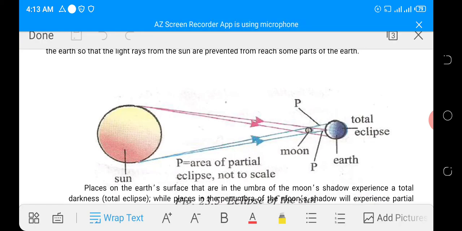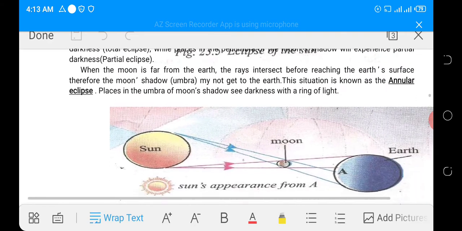And because the moon is smaller than the earth, on earth's surface some places will be in the umbra of the moon's shadow, while some will be in the penumbra of the moon's shadow. So the place that is in the umbra of the moon's shadow experiences total eclipse, while the places in the penumbra of the moon's shadow will experience partial eclipse.